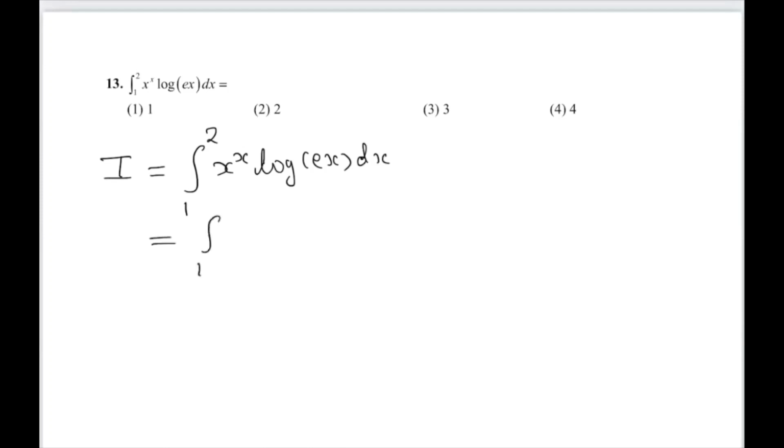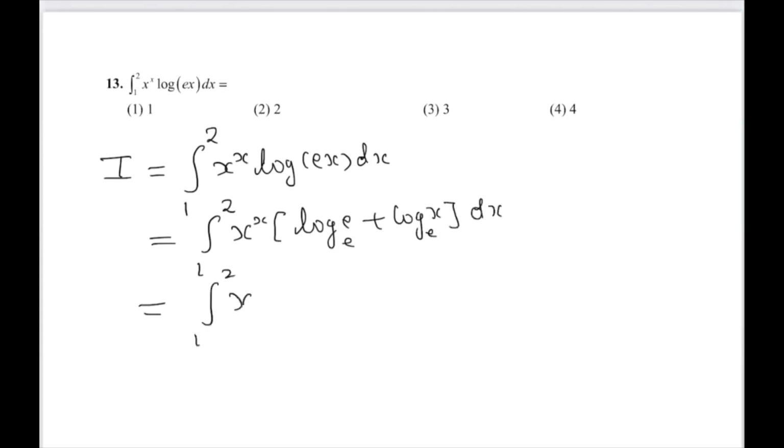You can write it as the integral from 1 to 2 of x^x (log of e to the base e plus log x to the base e) dx. That is, log e to the base e is 1, and this is log x to the base e dx.